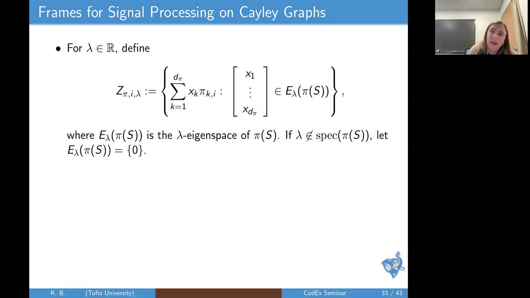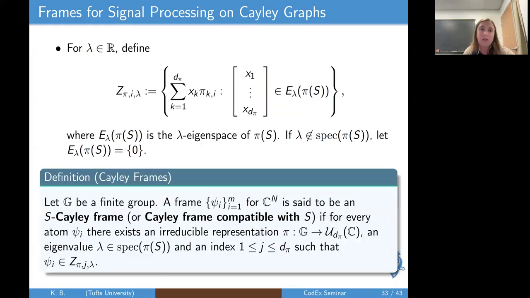And then how do we connect this to what we saw earlier with our decomposition of our adjacency matrix for a Cayley graph? Well, we're going to define this space. You can see it was similar to what we had before for our eigenbasis for our adjacency matrix. In particular, we're taking linear combinations of our coefficient functions where our coefficients are in the lambda eigenspace of that matrix pi S that we kept seeing appear in the decomposition of the adjacency matrix.